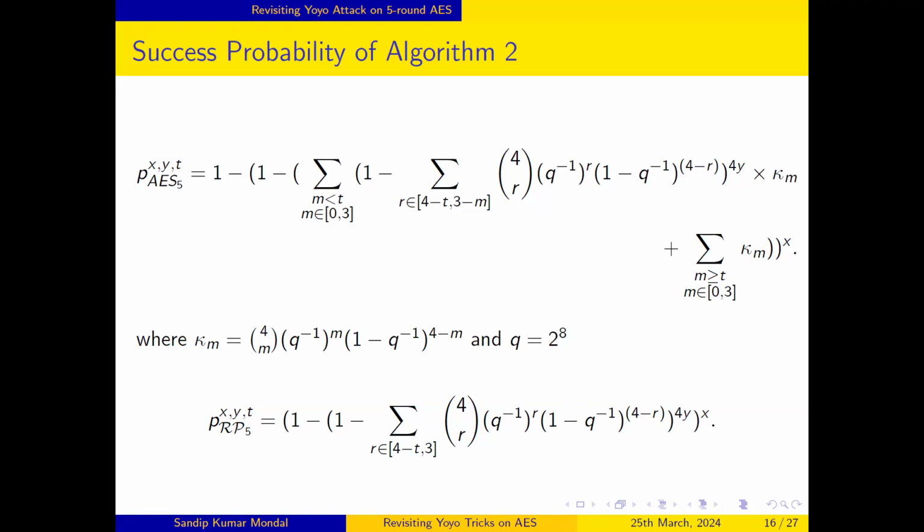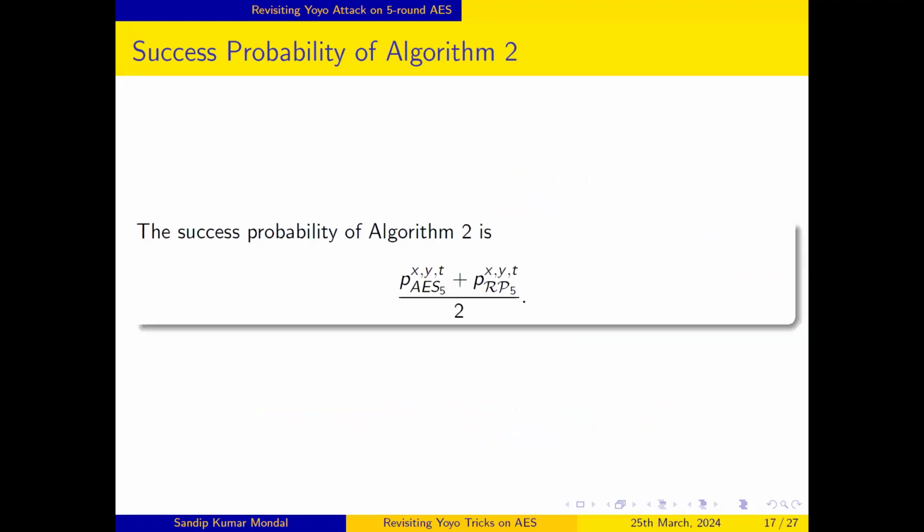And when it is a random permutation, the success probability is this. When the challenger chooses AES or random permutation, they choose randomly, so half the time AES and half the time random permutation. So the overall success probability of the algorithm is this probability plus this probability, divided by 2.